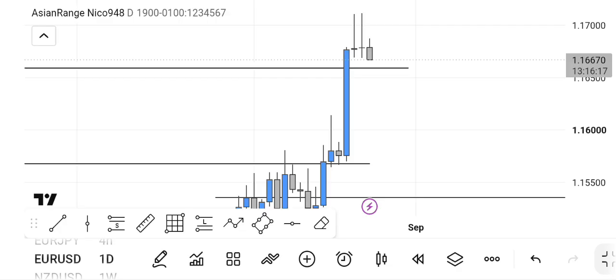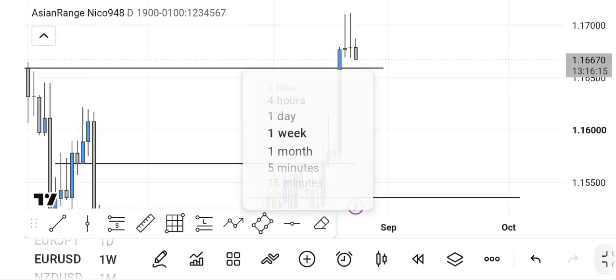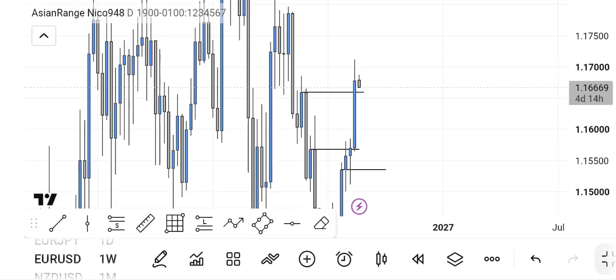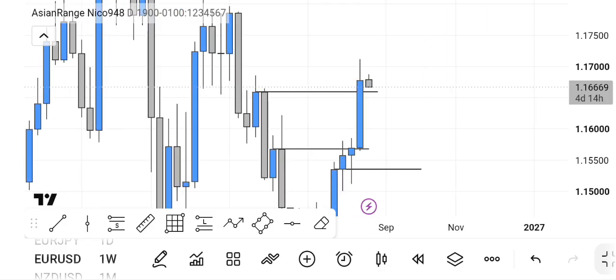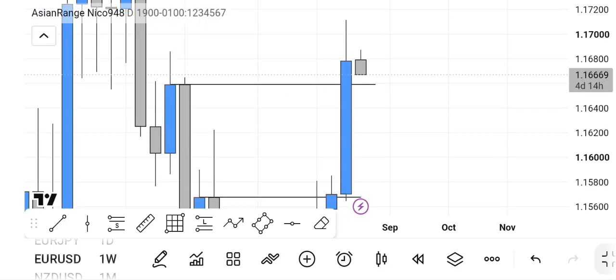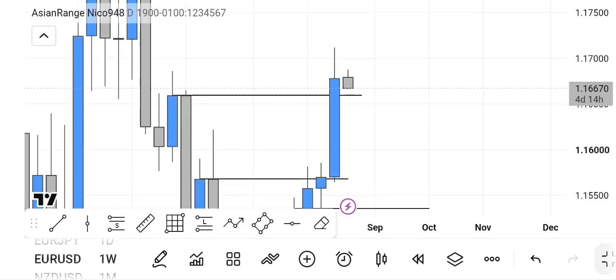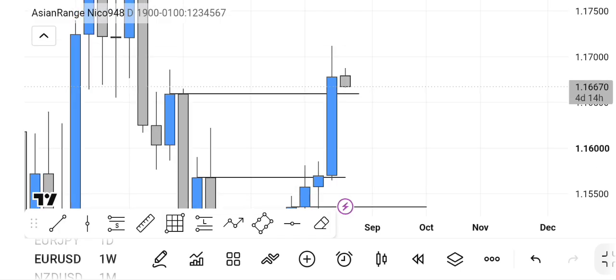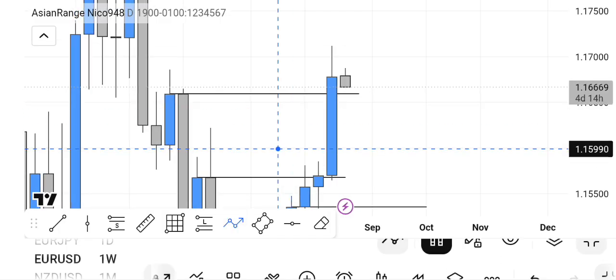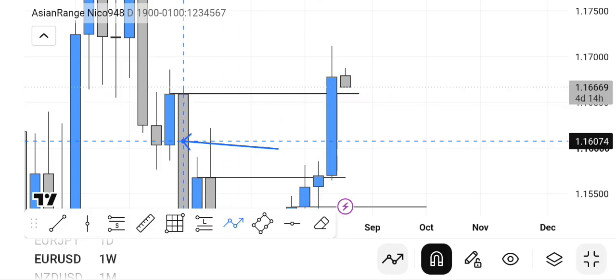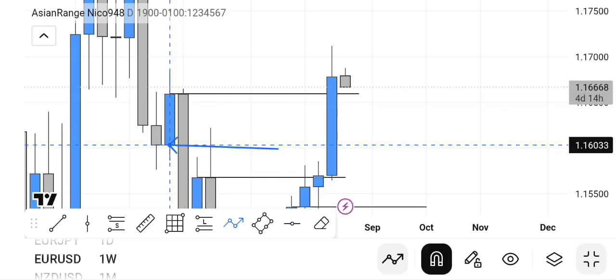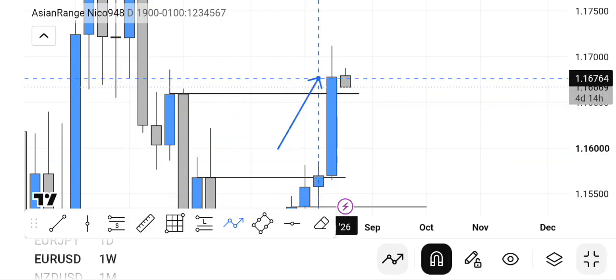You can see it. So we broke this weekly, and I told you guys that when the daily broke this weekly bullish, I can look for key levels around here. So any level it breaks, we just start marking them.